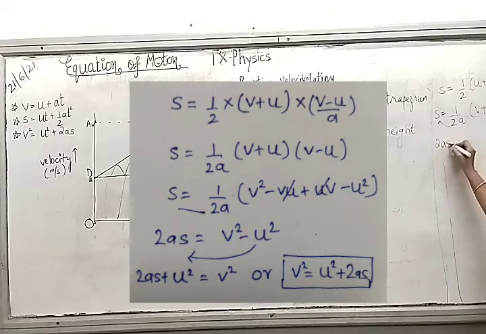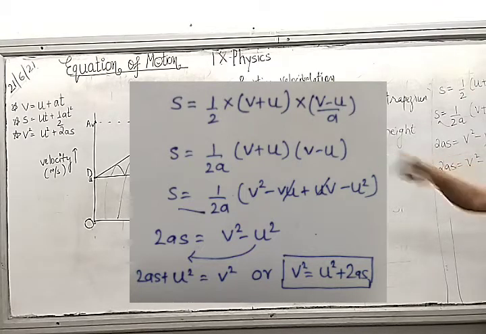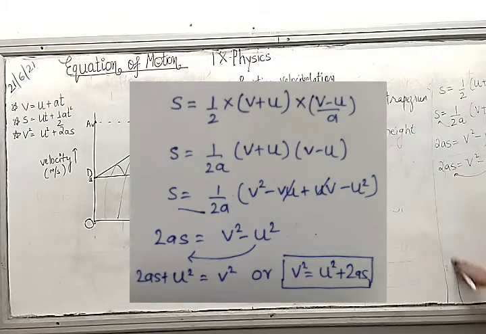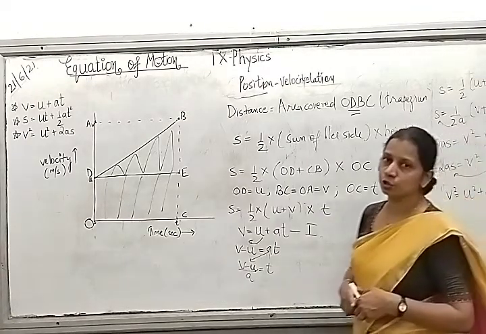So 2AS equals V square minus VU plus UV minus U square. Plus minus is minus, so minus U square. These cancel. So 2AS equals V square minus U square. Or I can rearrange it: V square equals U square plus 2AS. So this is your third equation of motion.